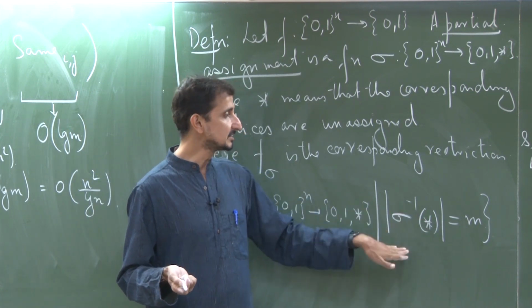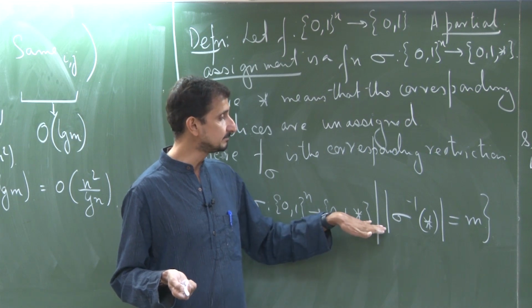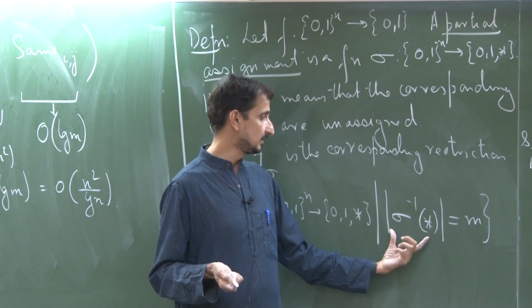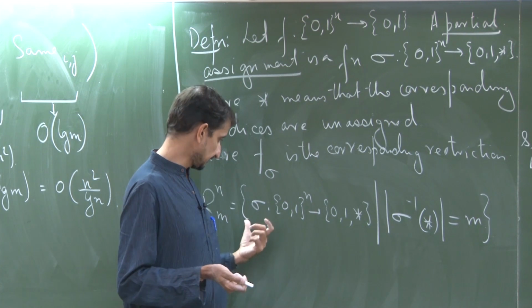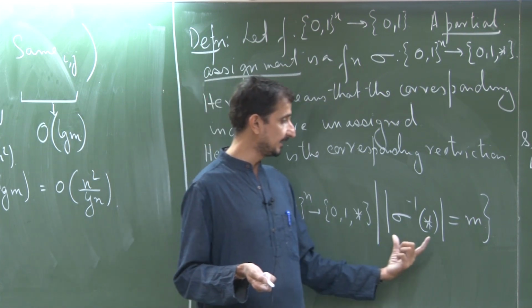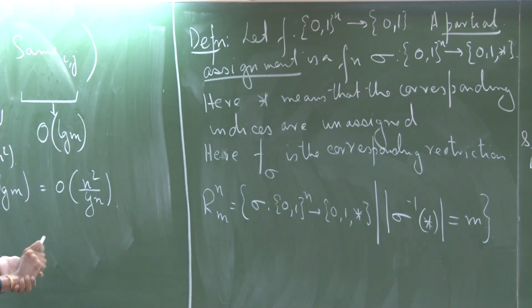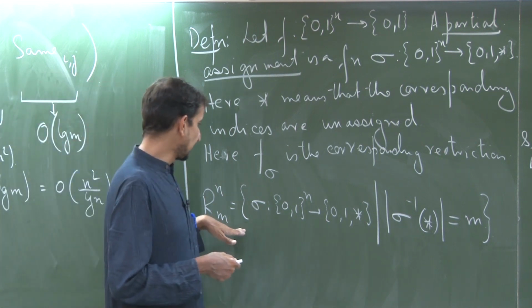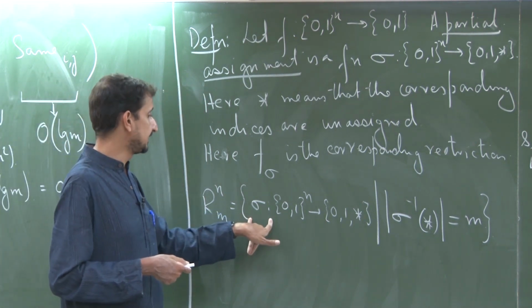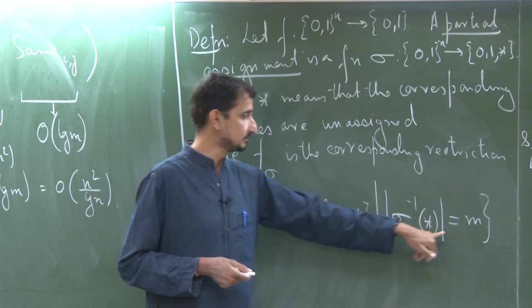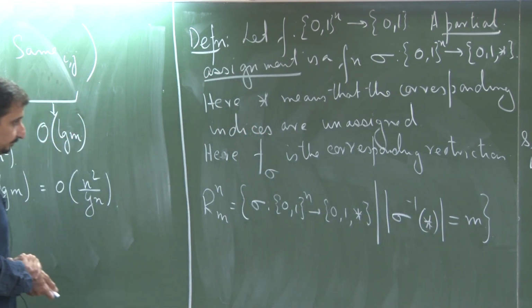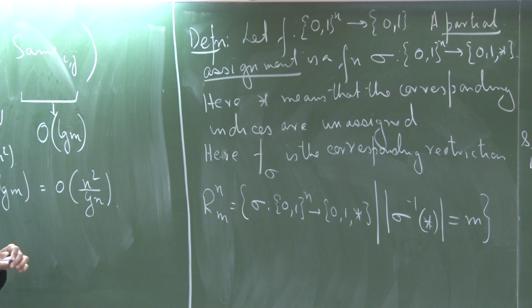I am counting the partial assignments where the size of that set is equal to m. The maximum value of m can be n.